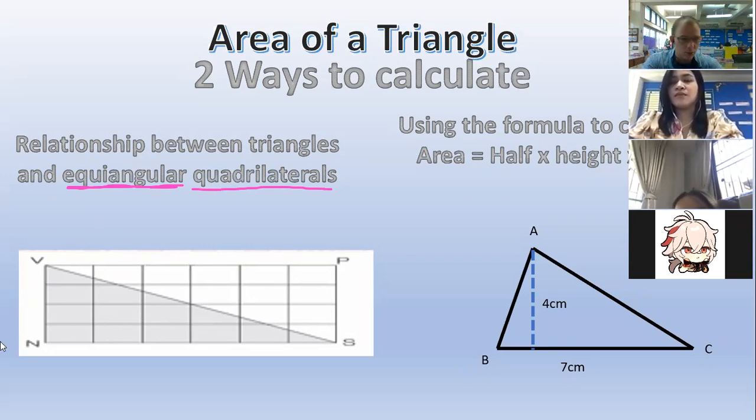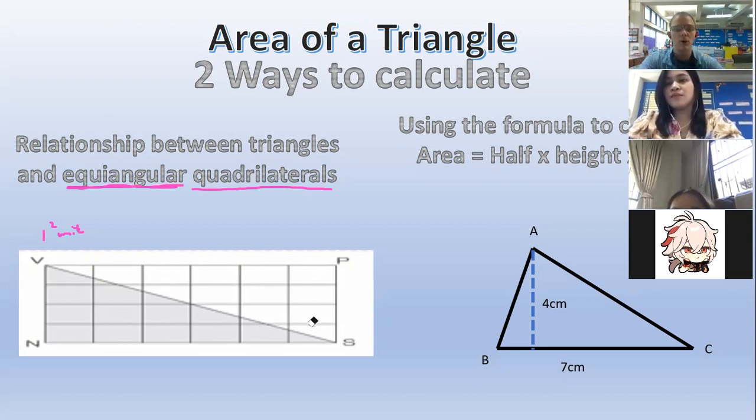So for instance, the one on the bottom left here, we have these blocks. Now these blocks represent one square unit. One square unit. So if you want to calculate the area, what would we do? Firstly, we will calculate the total blocks. All the small rectangles in the whole block, we will count them all.